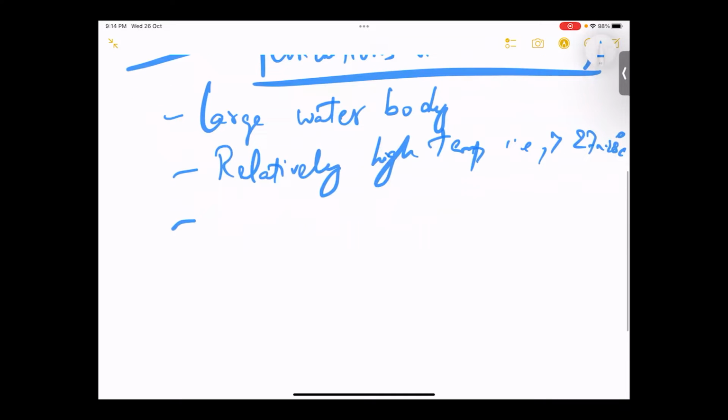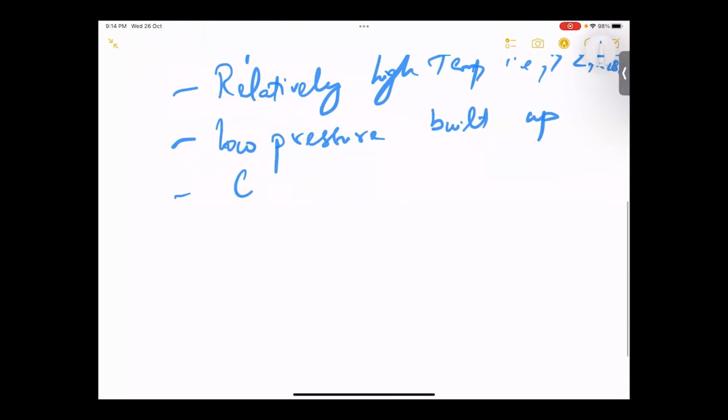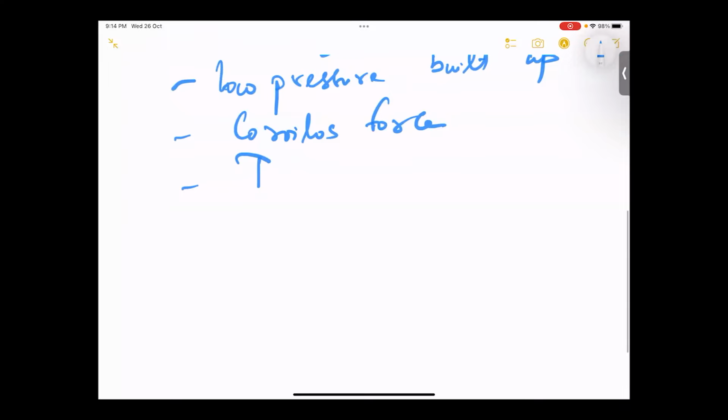Then low pressure, as we said in the introduction, low pressure buildup. Then Coriolis force, and then disturbances. These are the important parameters required for the formation of tropical cyclones.